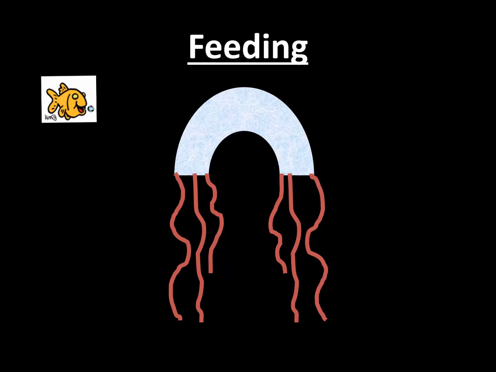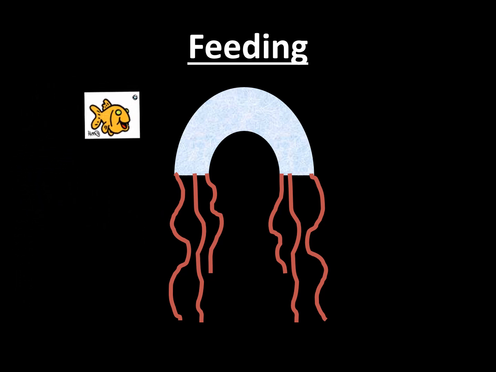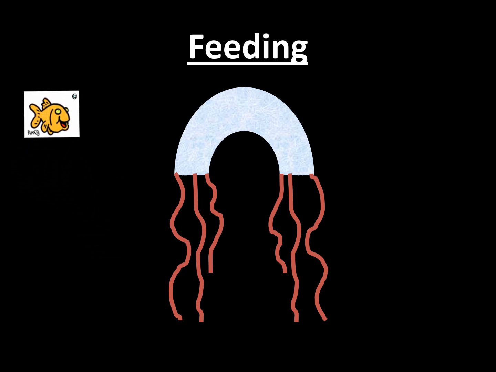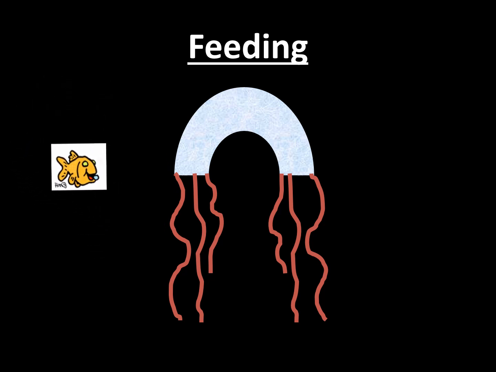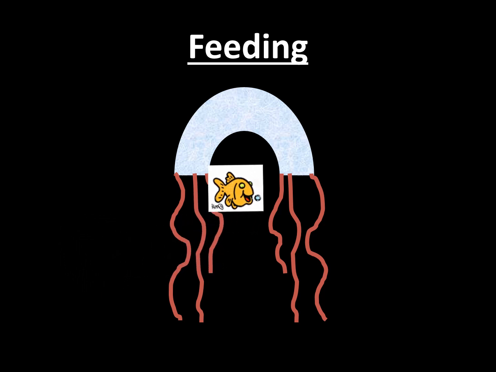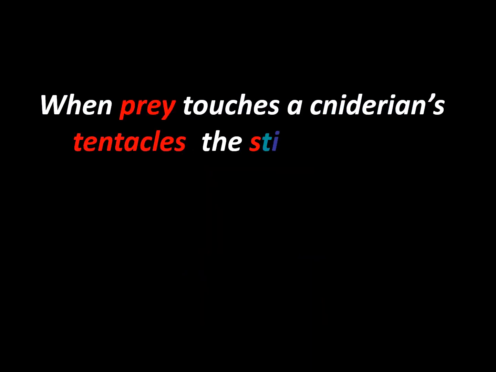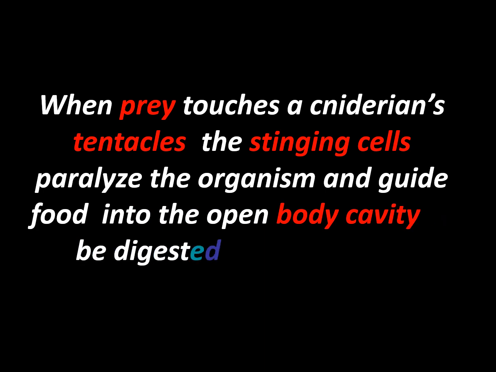How does this work? Well, you have this jellyfish, and we're going to use that as our example. You have a fish swimming around the jellyfish, going about his business, when all of a sudden the prey touches this cnidarian's tentacles, and those stinging cells paralyze the fish and guide the food into that open body cavity.